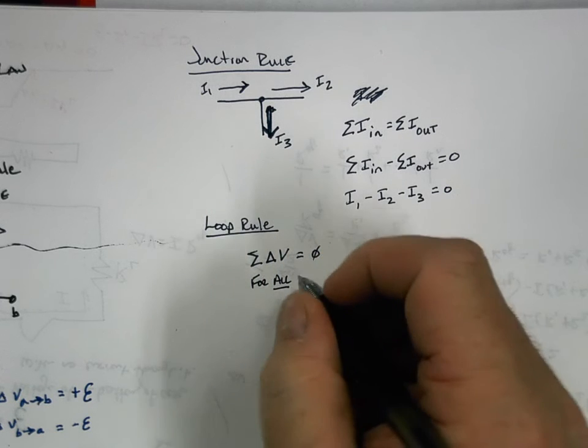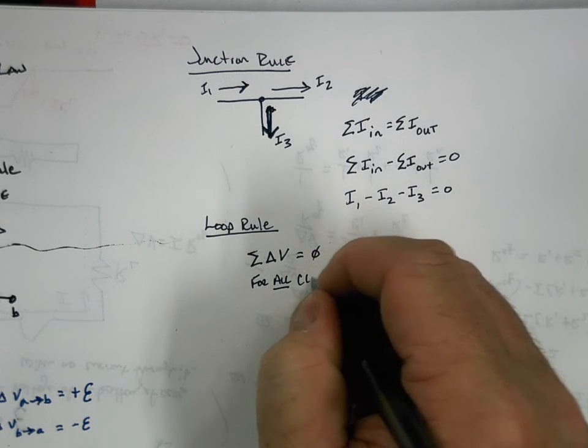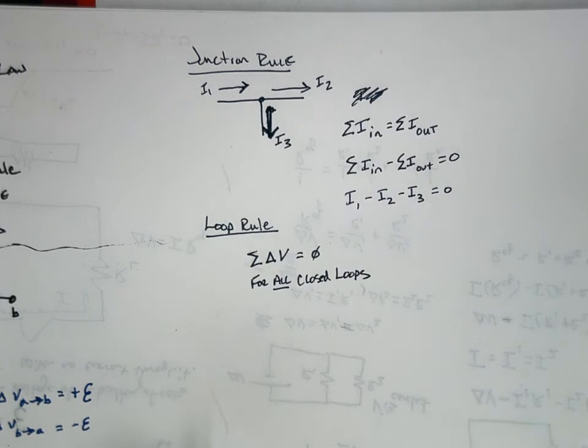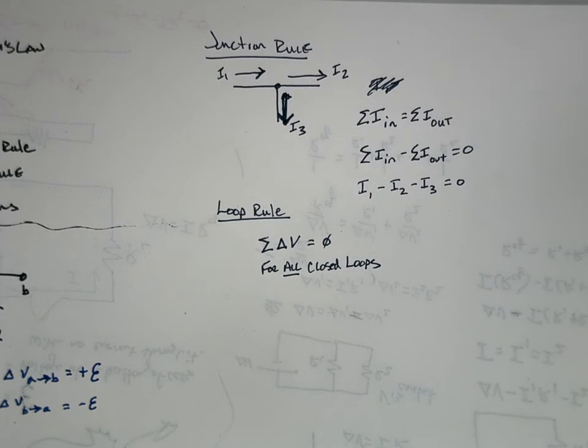In fact, for all closed loops, regardless of whether there is a battery or an EMF or whatever in the loop, it doesn't matter. If it's a loop, you do a voltage walk around the loop, and you've identified what upstream and downstream are, the total voltage is going to equal 0.